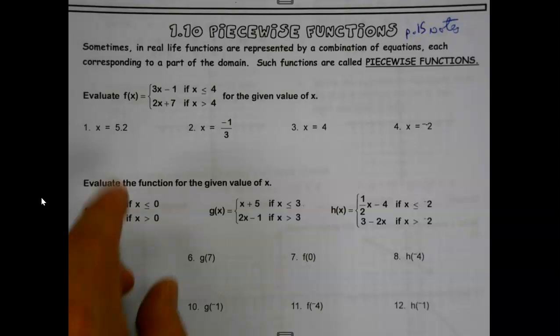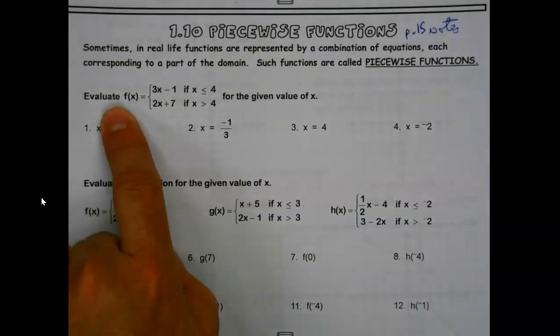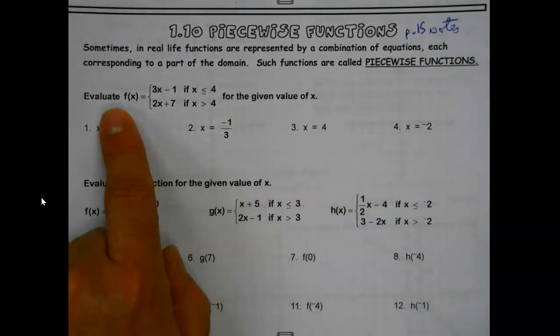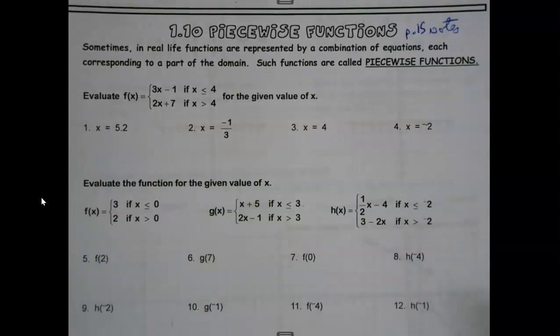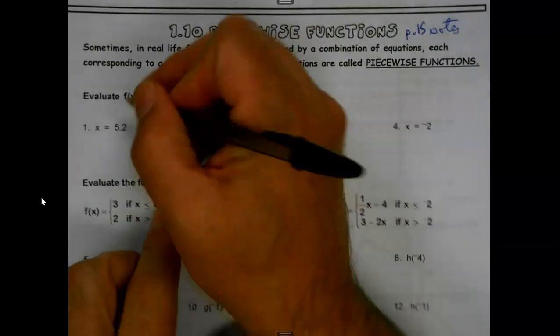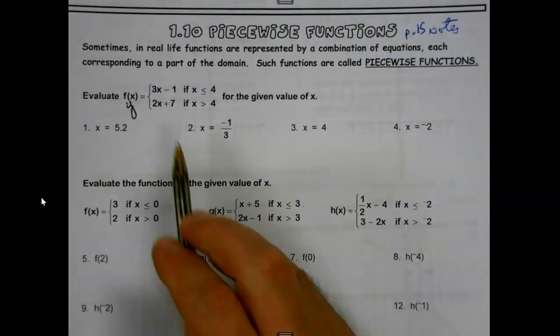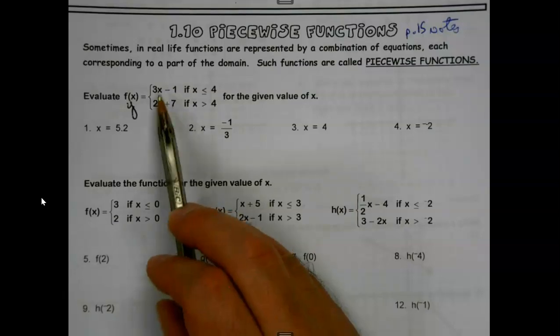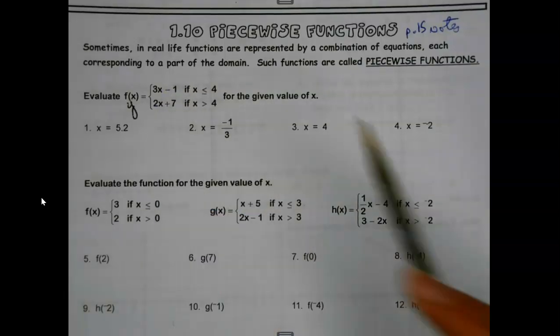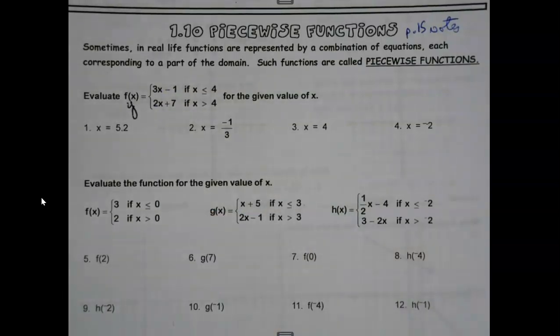And the first is evaluating, which is a nice review because we had a couple issues with this on the prior quizzes in here. So evaluate f of x, remember that's just y equals in fancy speak. So you have these two expressions. And you have these two if statements next to it. Okay?